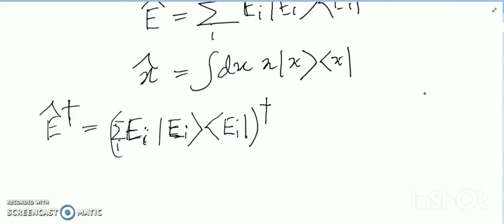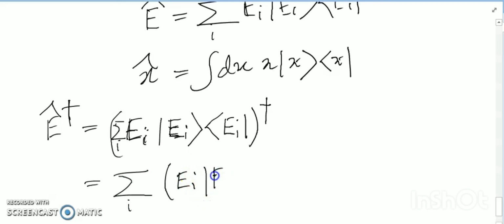We use this property. Now we can write it this way.